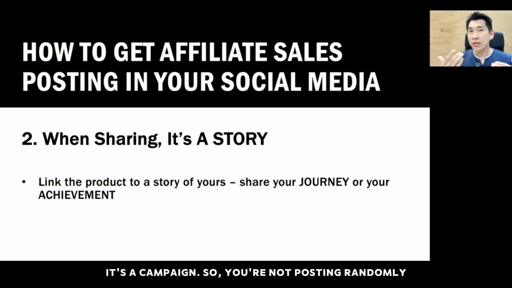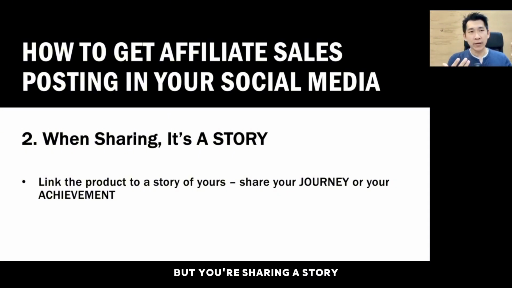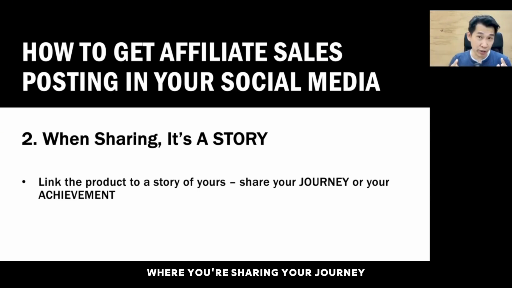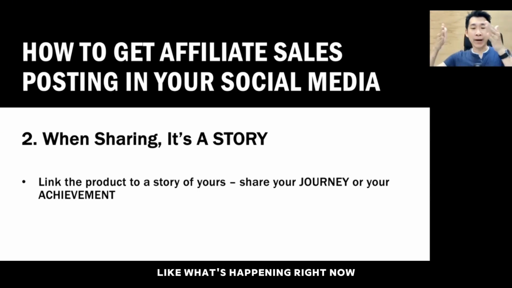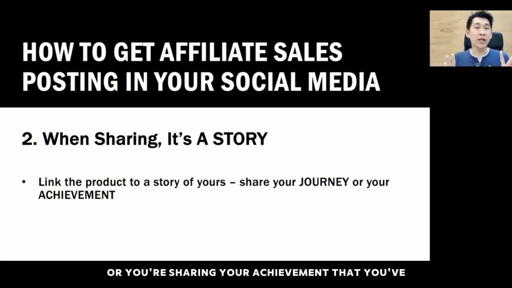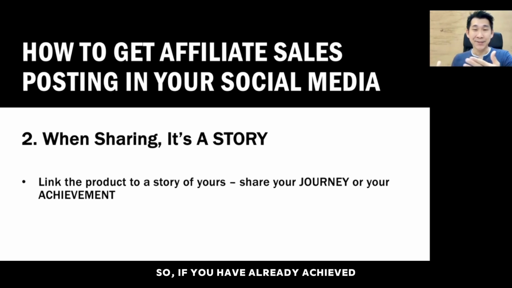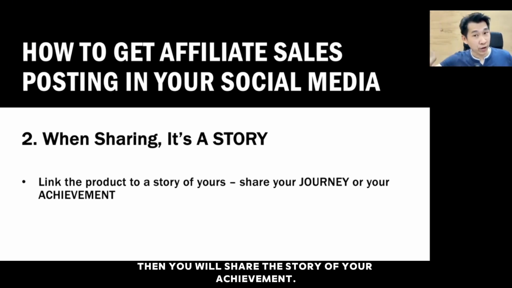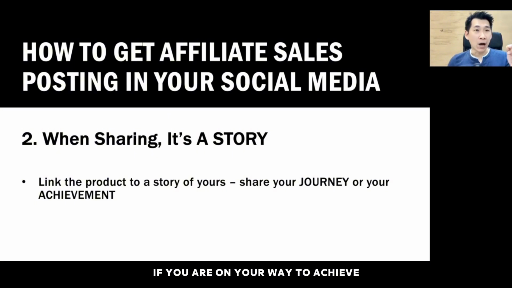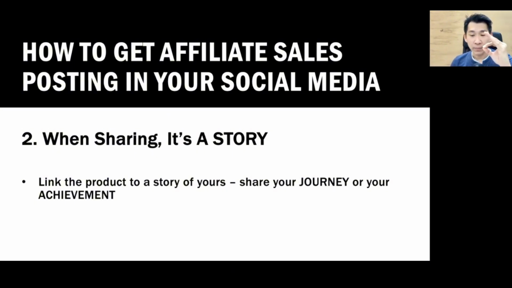So you're not posting randomly, but you're sharing a story where you're sharing your journey, like what's happening right now, or you're sharing your achievement that you have already achieved. If you have already achieved, then you share the story of your achievement. If you are on your way to achieve, then you share the journey.